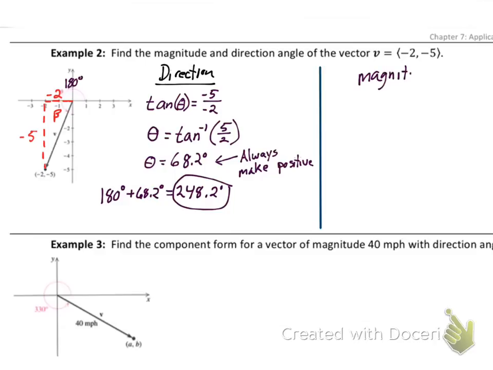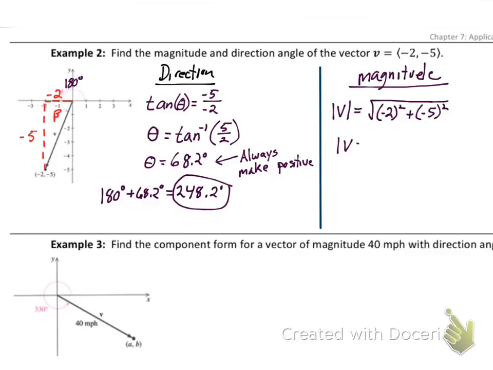we just learned that formula for it. So to find my magnitude, all we're going to say is, well, the magnitude of V is going to equal the square root of my a value squared, which is -2 squared, plus that b value squared, which is negative 5 squared.